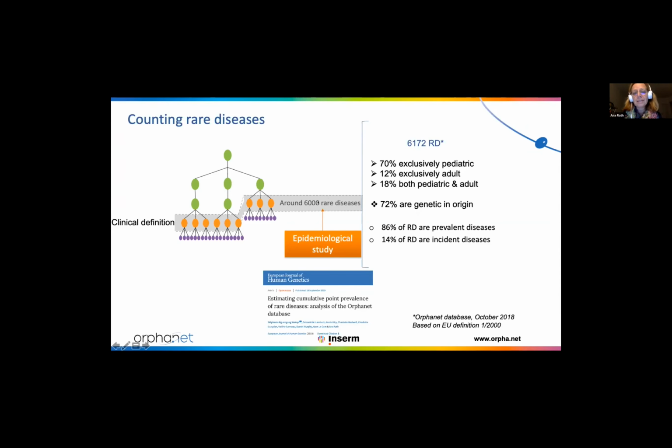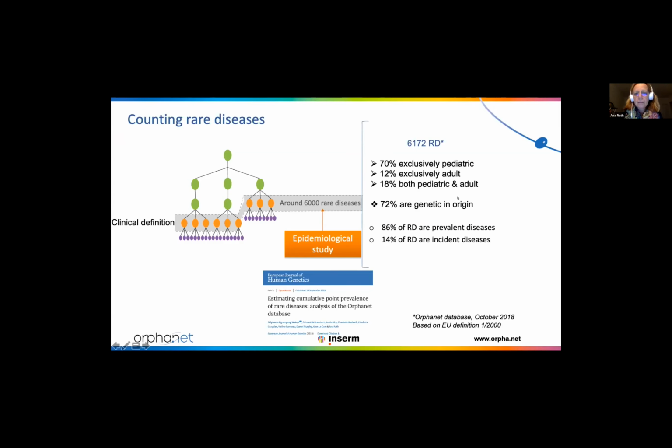You need to know that it's a very evolving field in which new diseases are discovered all the time. So we published an epidemiological study based on the data on point prevalence that we have in the Orphanet database, in order to know better what these rare diseases are.